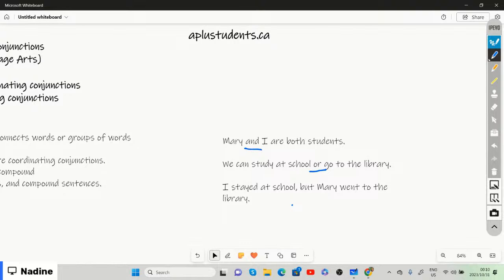The last example is: I stayed at school, but Mary went to the library. In this case, but is our coordinating conjunction. So and, but, or: those are our common coordinating conjunctions.